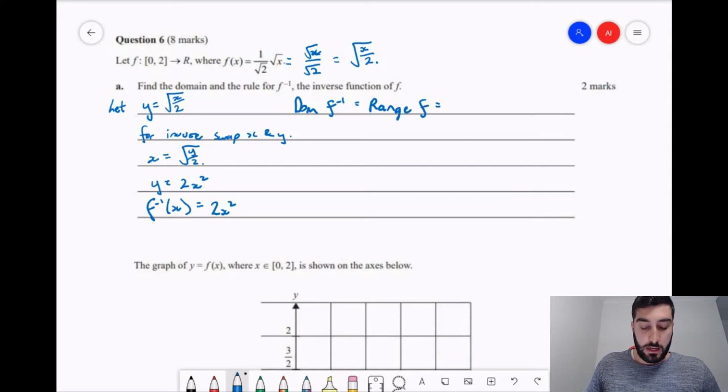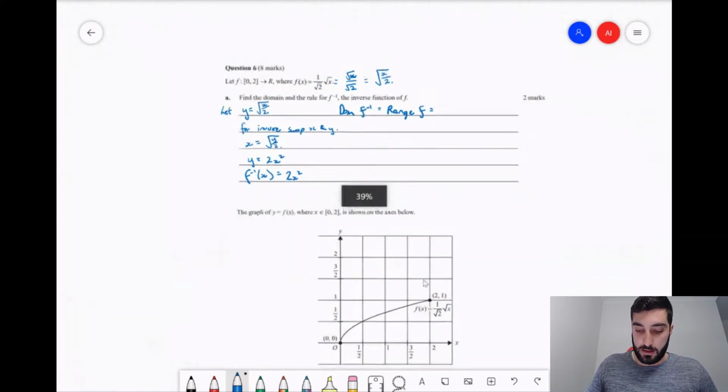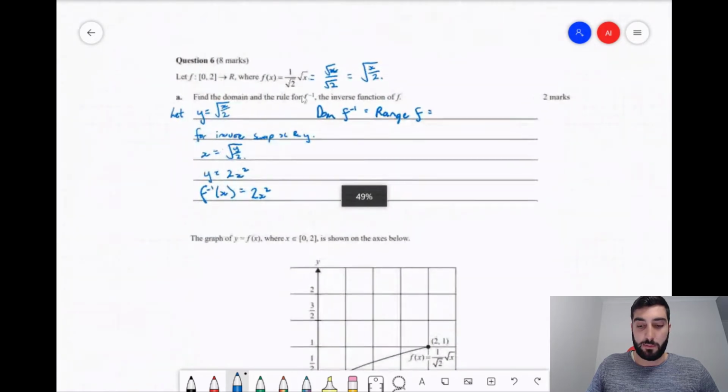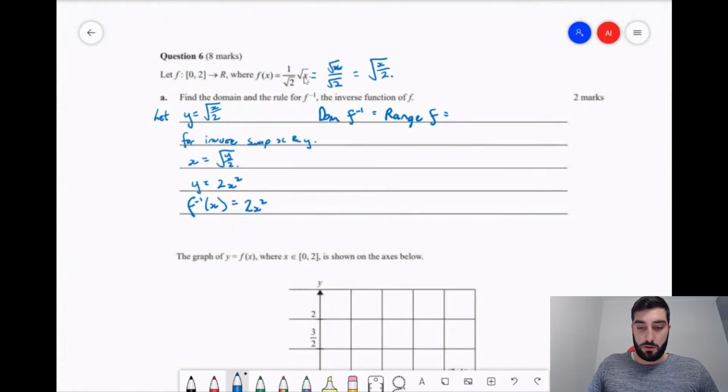So we know the domain of the original function f, and it's a square root function, right? And if we take a sneak peek at question B here, they already show us what this original function looks like. So you can actually see that the range of the function f of x goes from 0 up to 1. You could confirm that by subbing in x is equal to 0, we get 0, and x is equal to 2, you'll get 1.